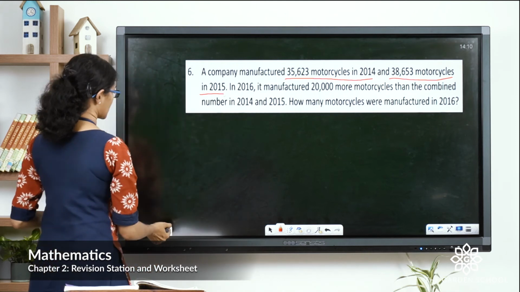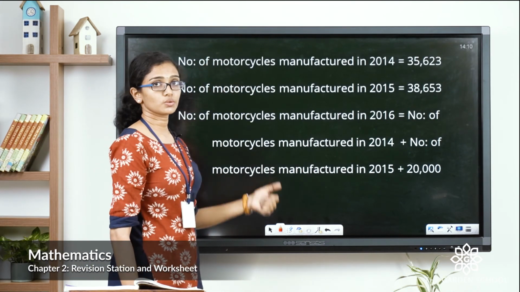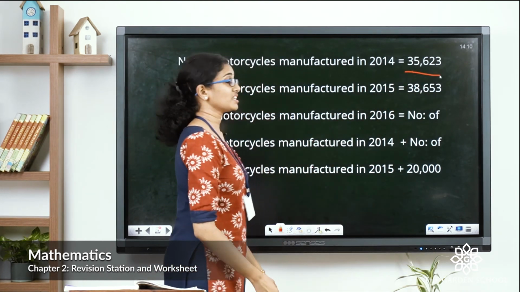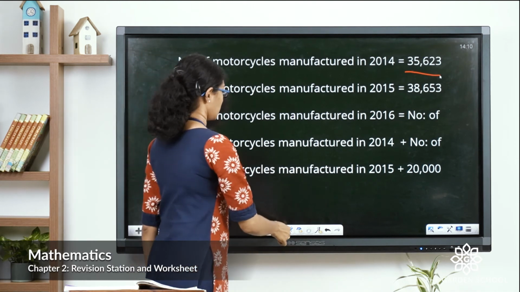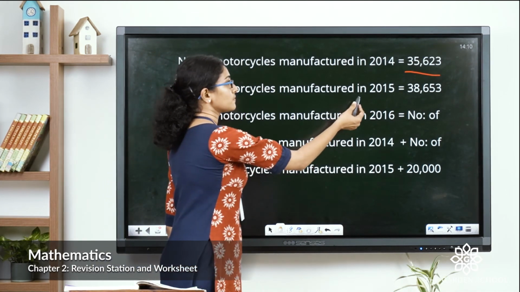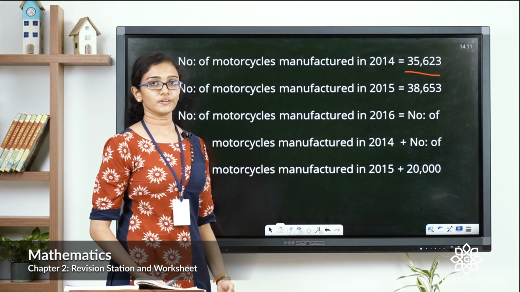So let's see how we can write the steps. So the number of motorcycles manufactured in 2014 is equal to 35,623. Now, the number of motorcycles manufactured in 2015 is equal to 38,653.